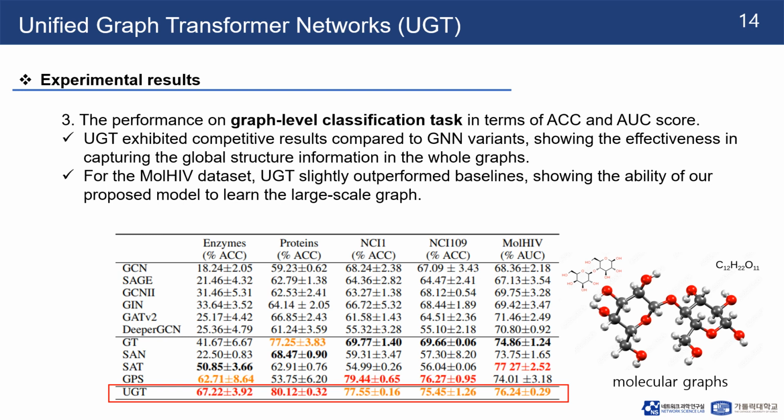On the graph-level classification task, in terms of ACC and AUC score, our model shows competitive results compared to GNNs in capturing the global structure information in whole graphs. Especially for the molecular datasets, such as the HIV dataset, our model slightly outperformed the baselines, showing the ability of our proposed model to learn large-scale graphs.